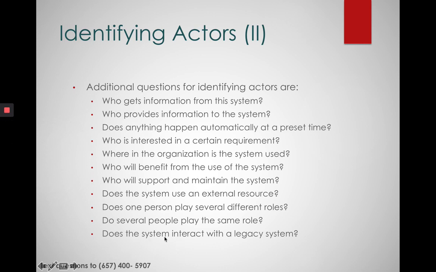And then a lot of times things will be built on legacy systems that are still in place. Legacy systems are just some old system that's outdated, but sometimes they keep them around for various reasons, like it's holding critical data, it still works, but you have a new system sitting on top of it. So sometimes a legacy system will be an actor.